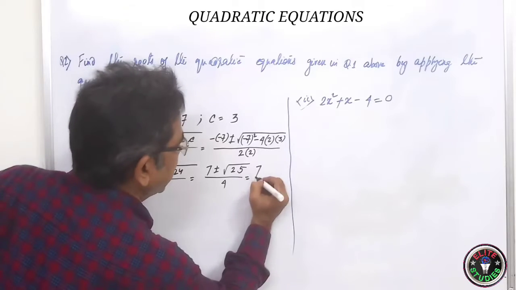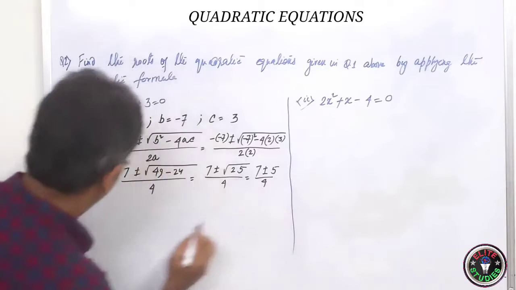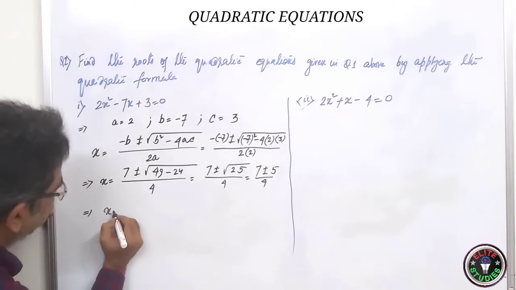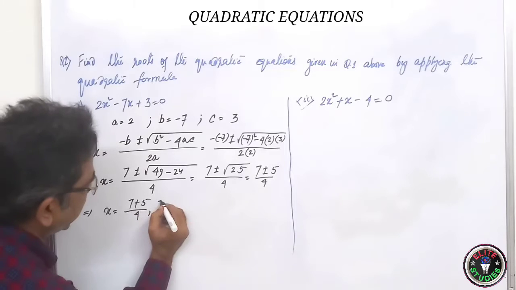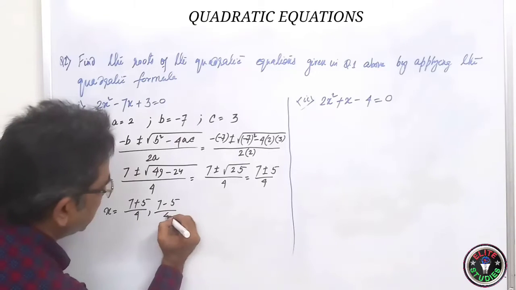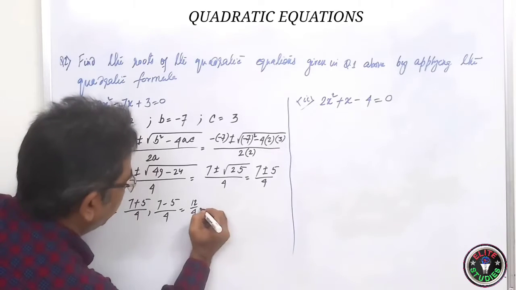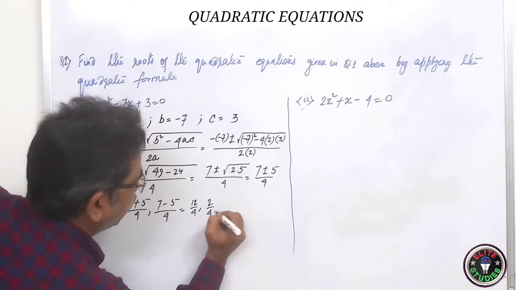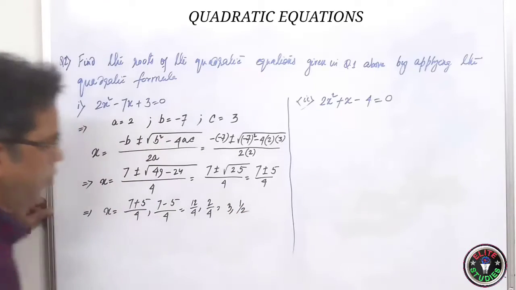So this gives us 7 plus minus 5 by 4. So x is equal to 7 plus 5 by 4 and 7 minus 5 by 4. So 7 plus 5 by 4 is 12 by 4, which is 3, and 7 minus 5 by 4 is 2 by 4, which is 1 by 2. We have got it.